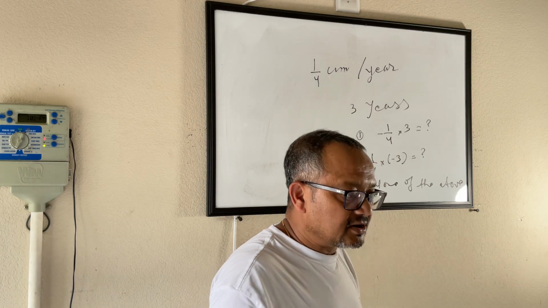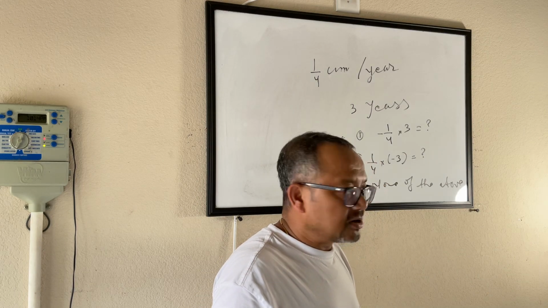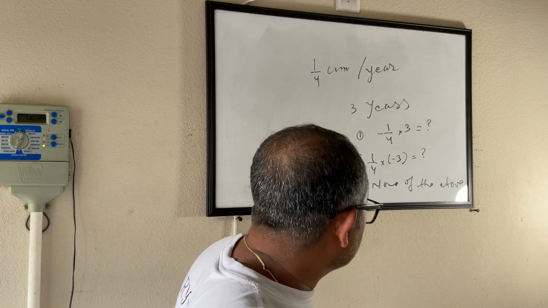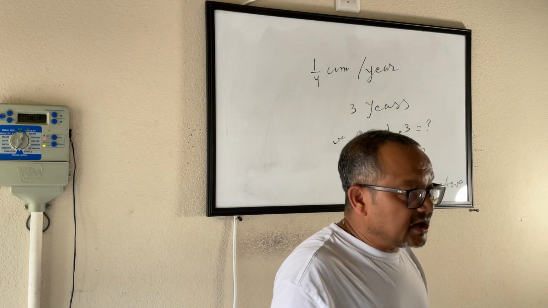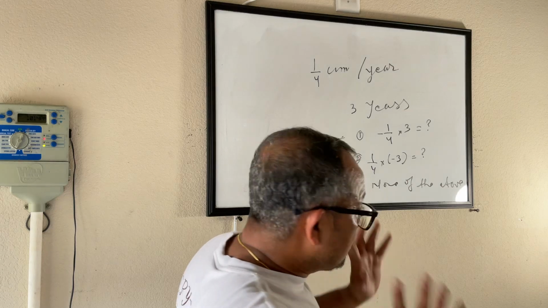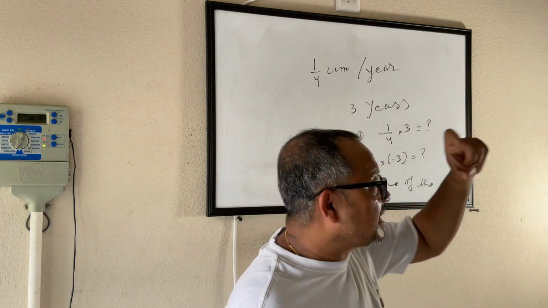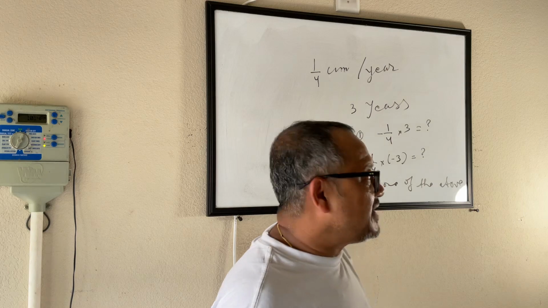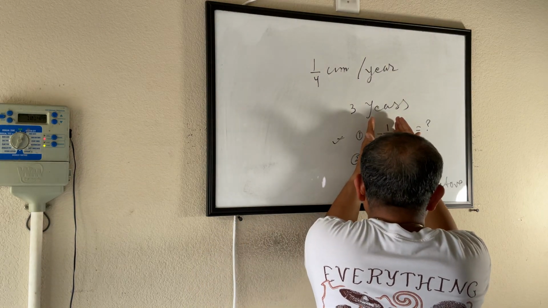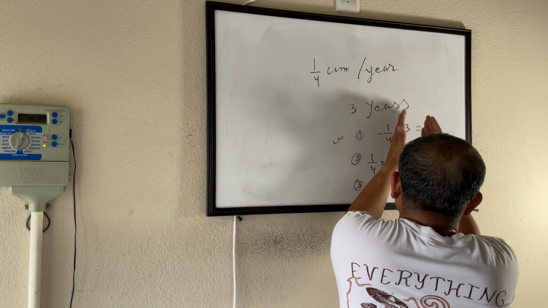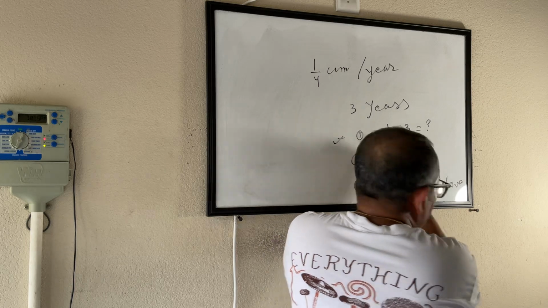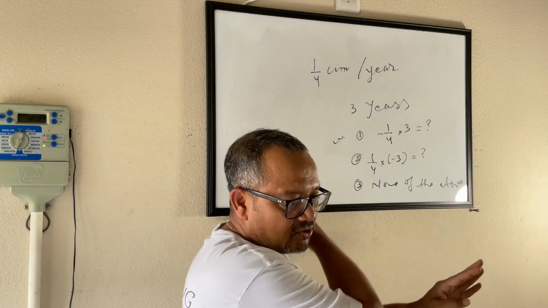Yes, Vasundhara. Isn't number 1 and 2 give you the same answer? It does. You are spot on, but it says which one represents the prediction better. So what did the question say? Her height decreases by 1/4 every year. So this is the decrease. Minus 1/4 is decrease. And the prediction is for 3 years. When you read this one, it says 1/4 for -3, meaning you are going backward.